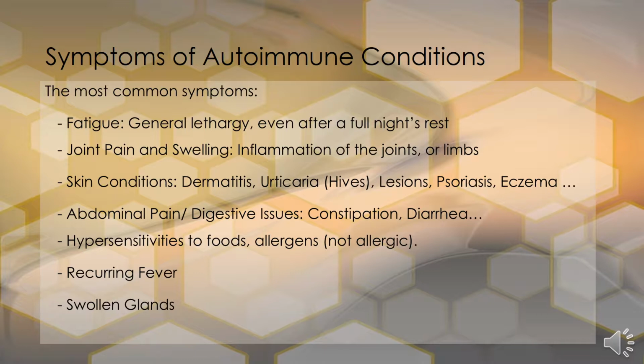The most common symptoms of autoimmune conditions include fatigue or general lethargy even after a full night's rest, joint pain and swelling, including inflammation of not only the joints but the limbs, skin conditions such as dermatitis, urticaria or hives, lesions, psoriasis, and eczema, abdominal pain and digestive issues, including constipation or diarrhea, hypersensitivities to foods and allergens even though you're not allergic, recurring fever, and swollen glands, which include the lymph nodes and salivary glands.